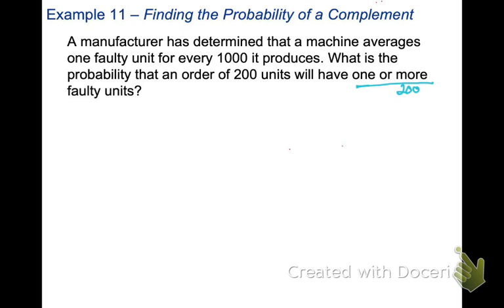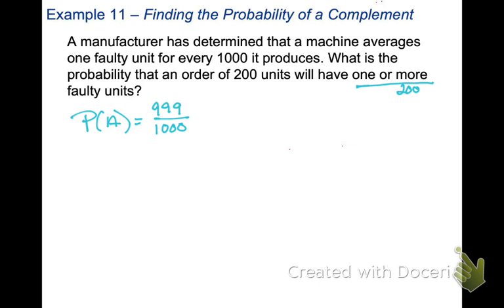For 1 or more, less than that would be 999 over 1,000, because I'm picking 1.